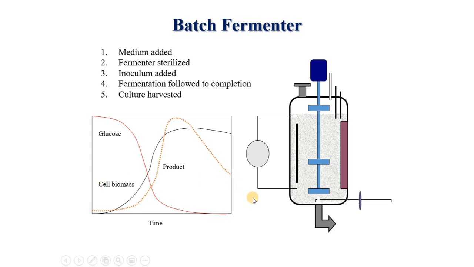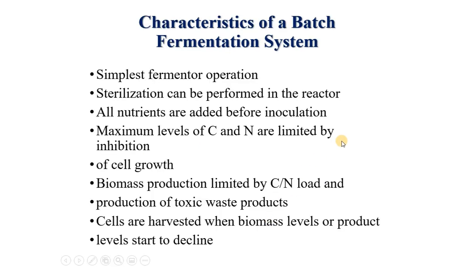So this is the batch fermenter, and these are the characteristics of the batch fermentation system. It is the simplest fermenter operation, and sterilization can be performed in the reactor. All the nutrients are added before inoculation, and the maximum levels of carbon and nitrogen source are limited by inhibition of cell growth.